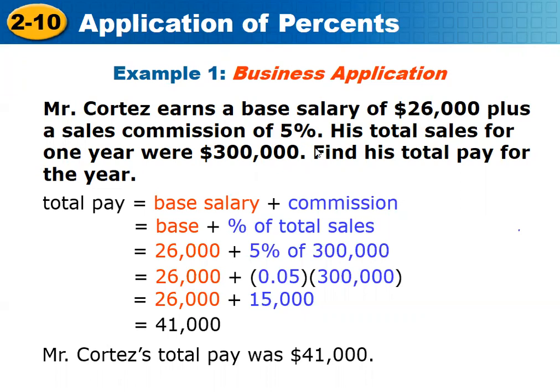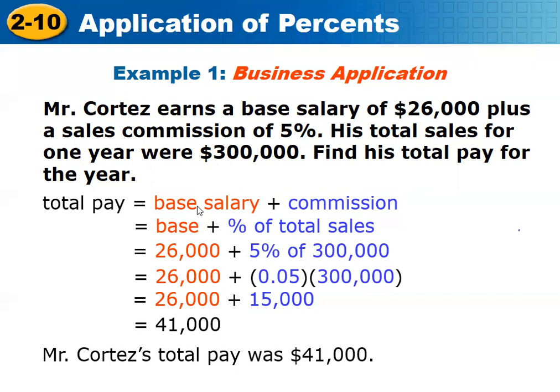His total sales for 1 year were $300,000. If he wants to earn more, then he wants to sell more, then he's going to increase this number. So maybe you are working in the same place, but your salaries at the end of the year will not be the same. Why? Because he gets 5% for the sales.